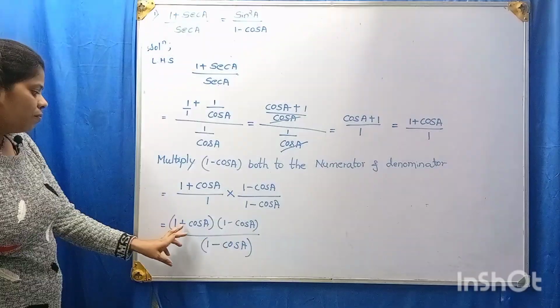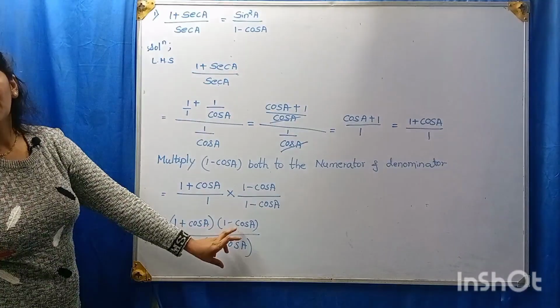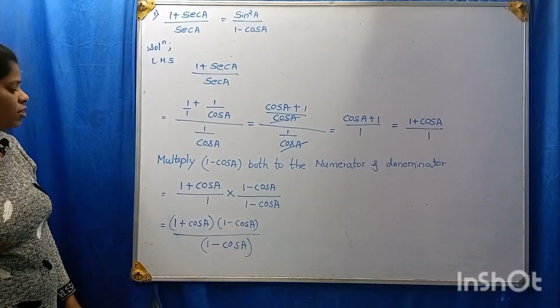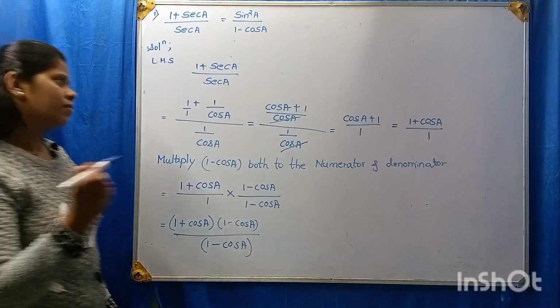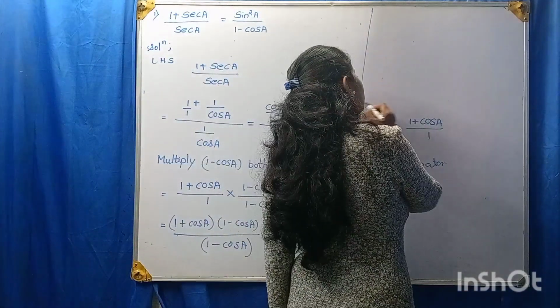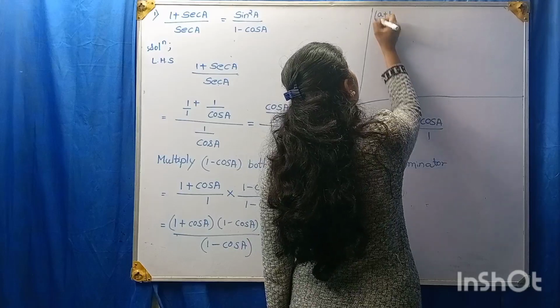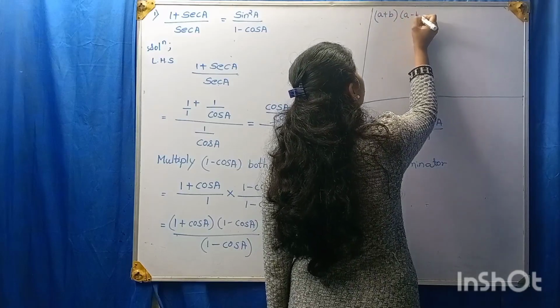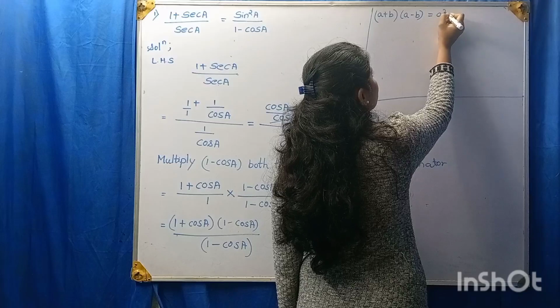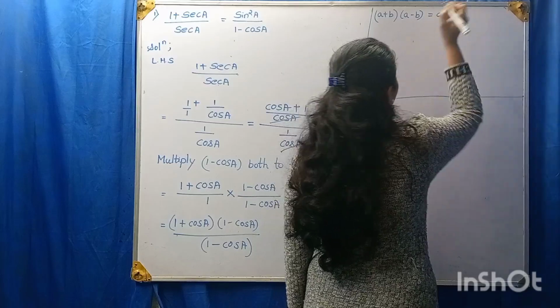Now, 1 plus cos A into 1 minus cos A, what will it become? It is the formula. See here: (A plus B) into (A minus B) is A square minus B square.